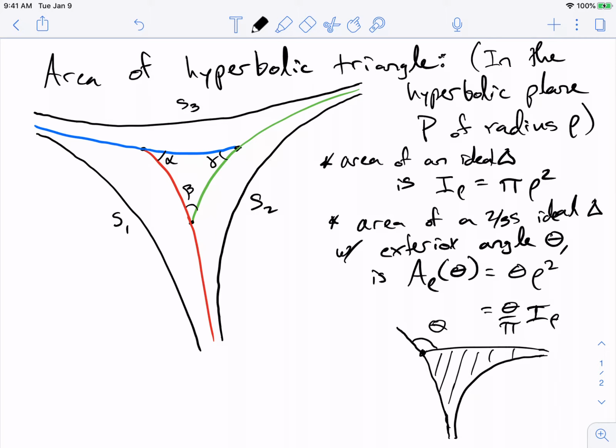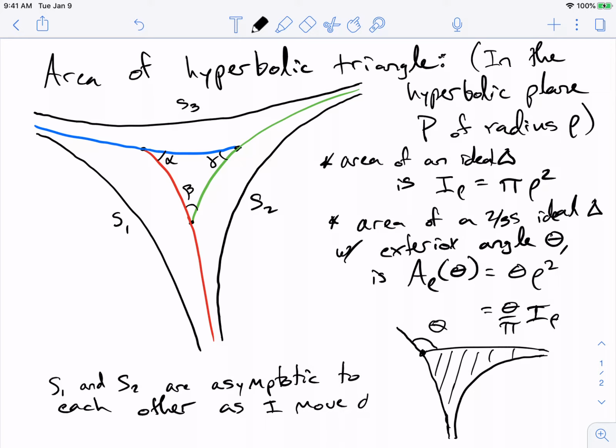What I want you to notice is that S1 and S2 are asymptotic to each other as I move down. Why? Well, they're both asymptotic to the red.